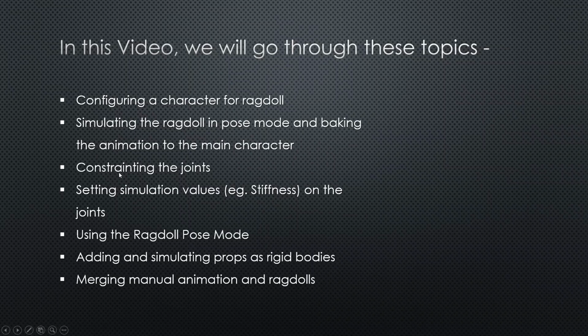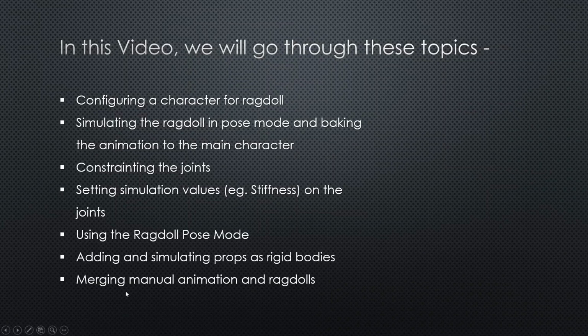Then we will constrain the joints, and learn how to set the simulation values, just like we used to do for the KineFX methods, like stiffness, density and dampening. Then we'll learn how we can use the Ragdoll pose mode, and how we can add and simulate props as rigid bodies.